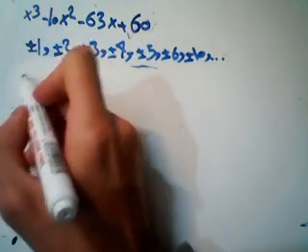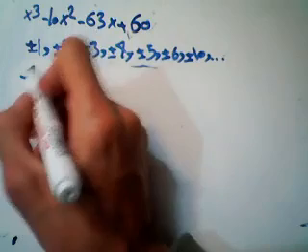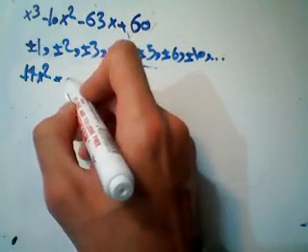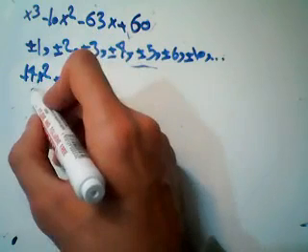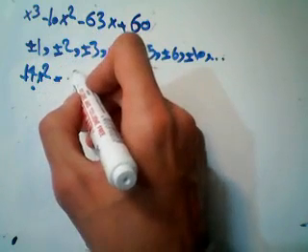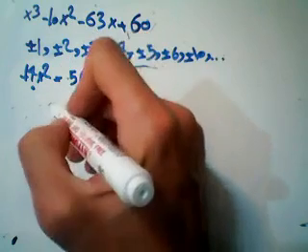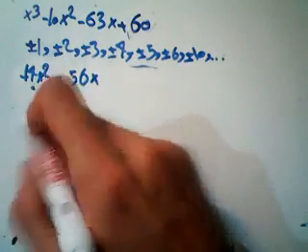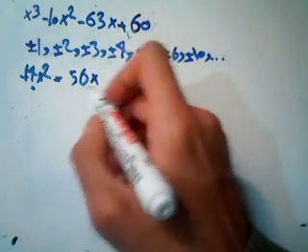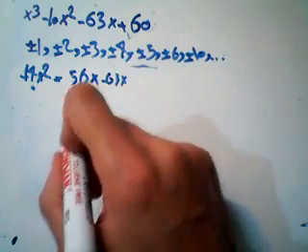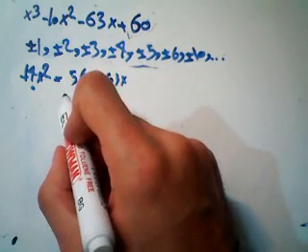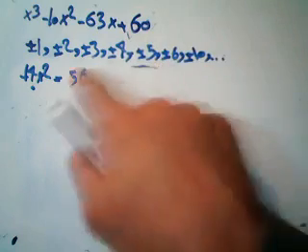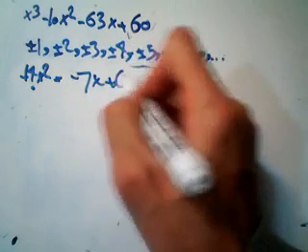How about minus 4? Minus 4x squared minus 10x squared, minus 14x squared, that would be 56x, minus 63x would be minus 7x plus 60.